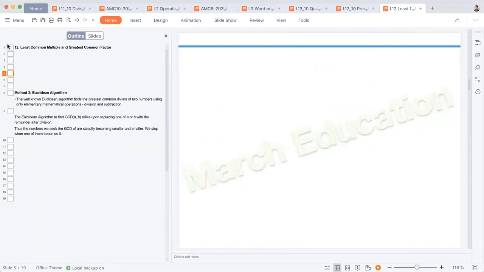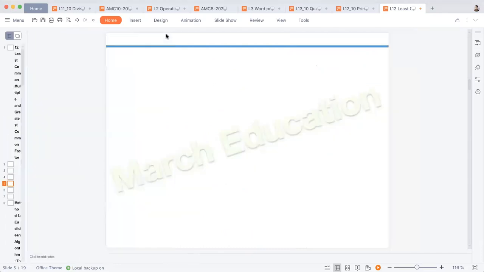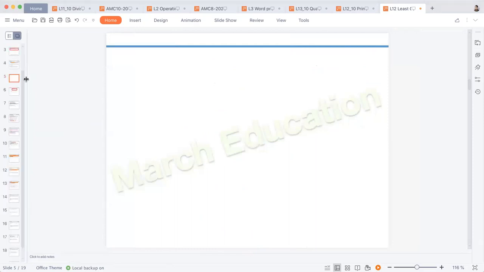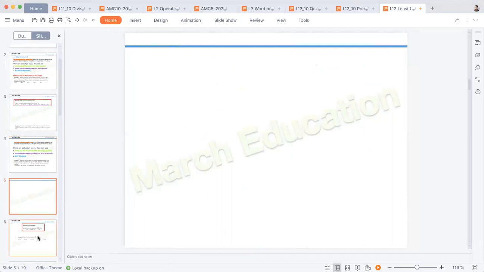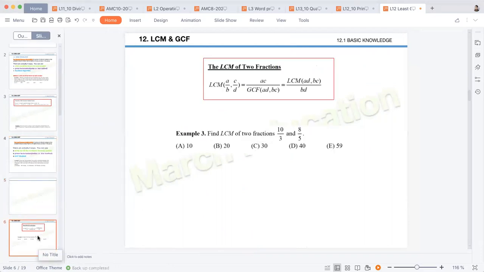Now, sometimes we are asked to find the least common multiple of two fractions. Usually, the greatest common factor works on integers, but the least common multiple sometimes we need to work on fractions.